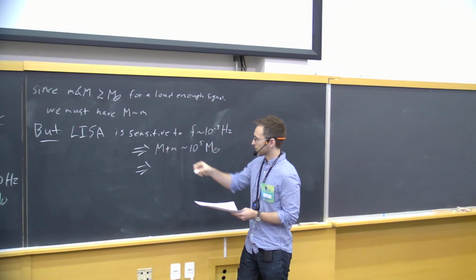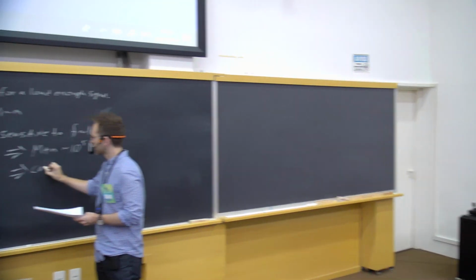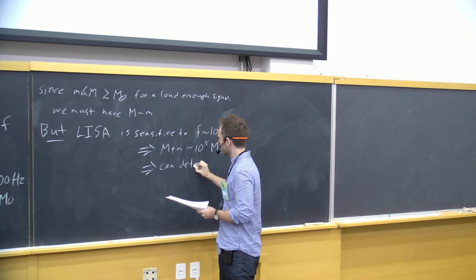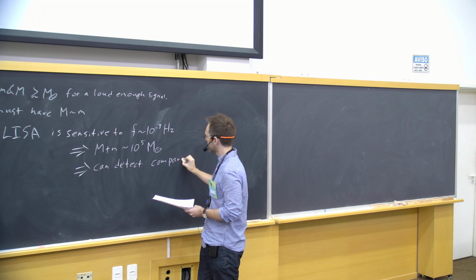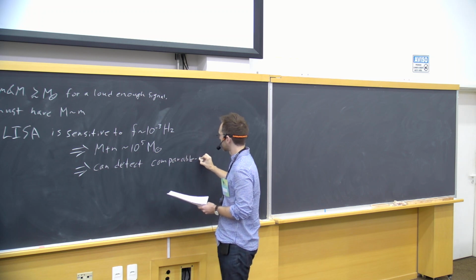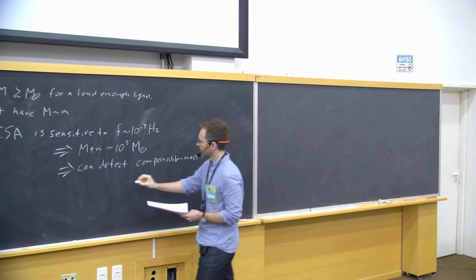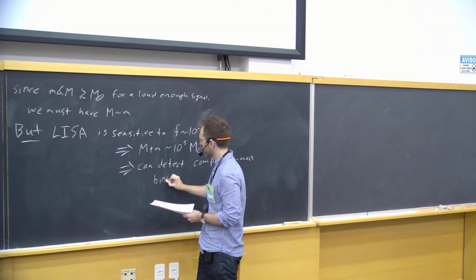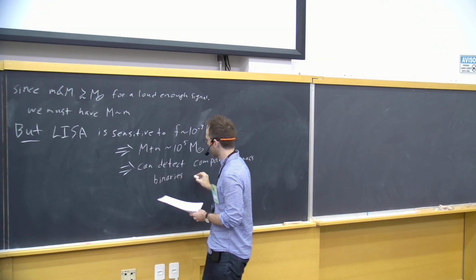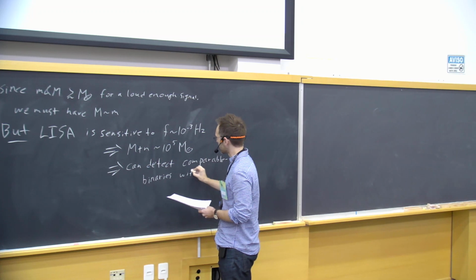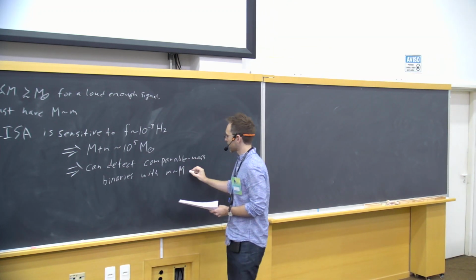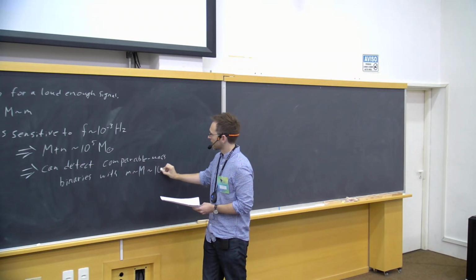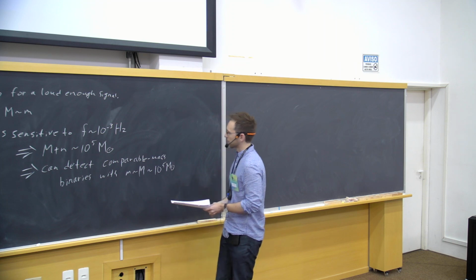So LISA can detect comparable mass binaries where both masses are roughly the same size and they're both extremely large.